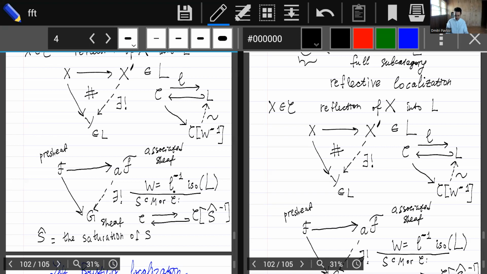It is going to be closed, for example, under colimits in the category of morphisms, because isomorphisms are closed under colimits in the category of morphisms in the target, and left adjoint functors preserve colimits. Therefore, the preimage of isomorphisms is also going to be closed under colimits in the category of morphisms in C. So that's already one restriction.